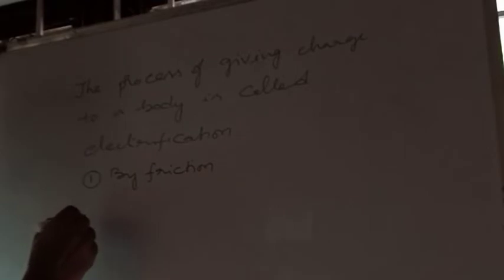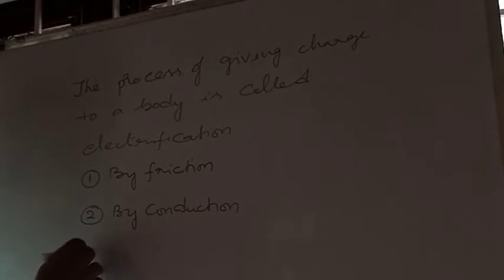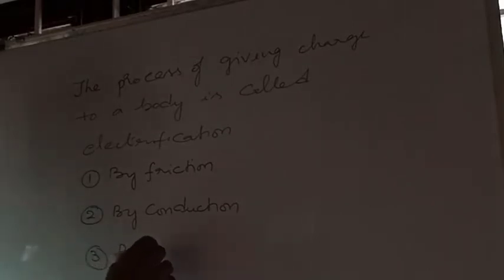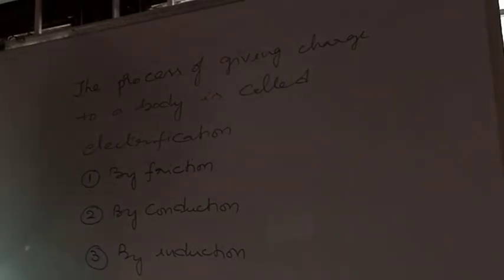Secondly, by means of conduction. And third method is by means of induction. These are the three methods by which we can convert a neutral body into a charged body.